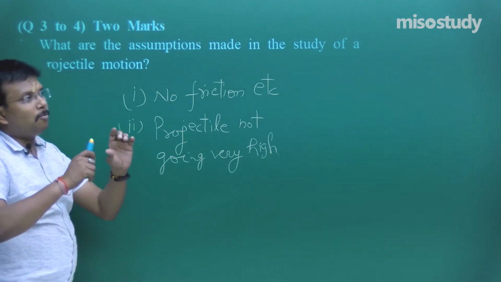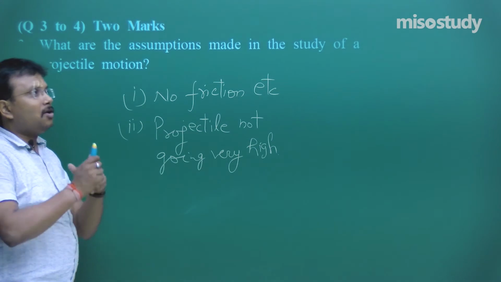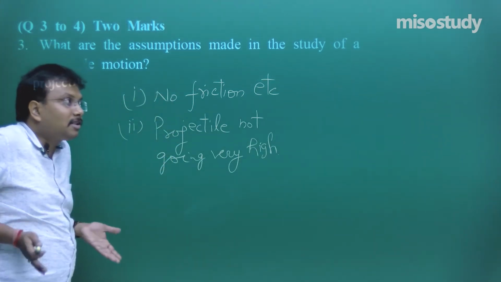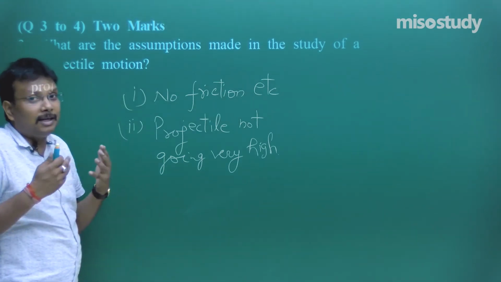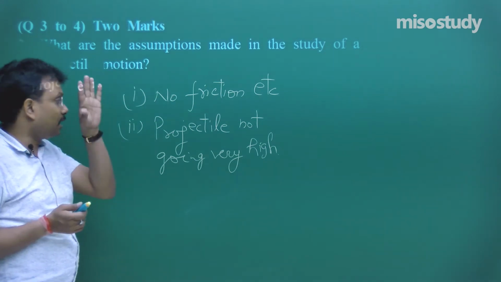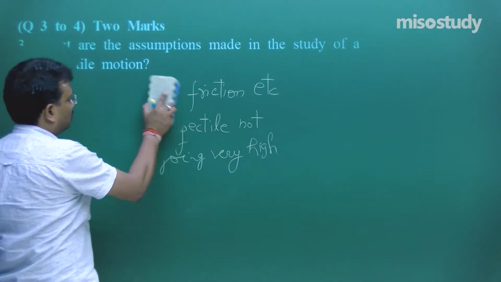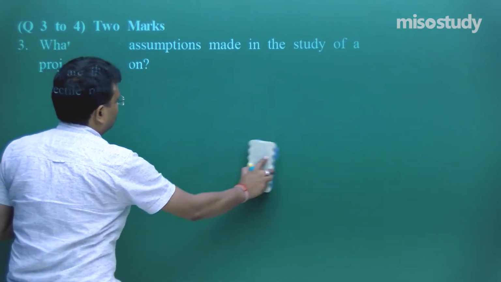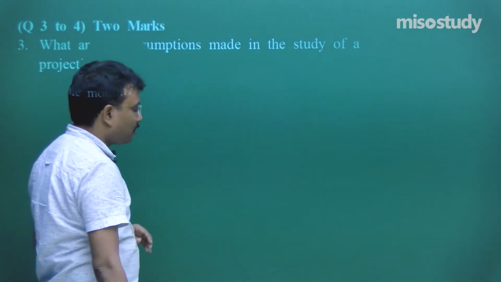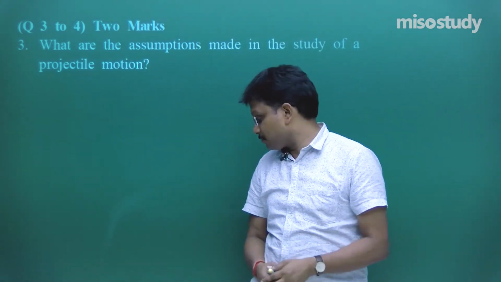The moment I serve the shuttle or hit the tennis ball, the air will either oppose or change the direction of motion, or it will support its motion, but it is not ultimately my effort, it is some added effort from the air outside. So these 2 are simple assumptions which you should mention. This question was for 2 marks, that is why at least a 1.5 line answer is required.